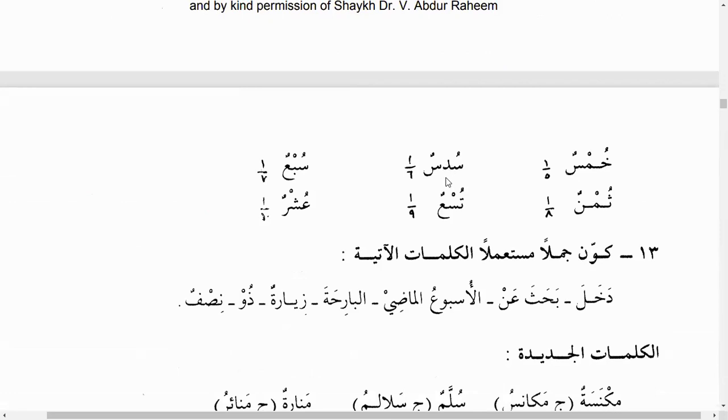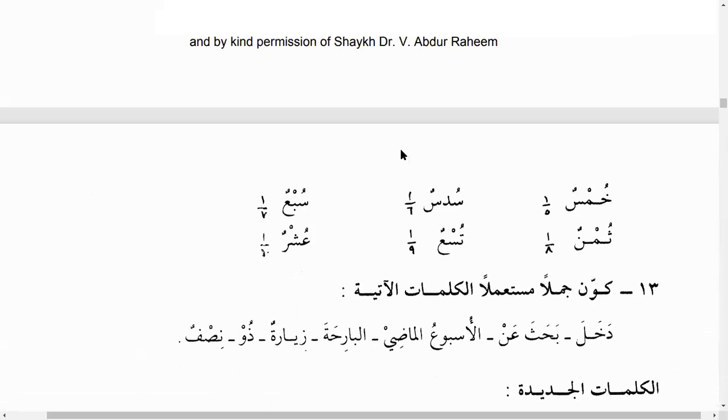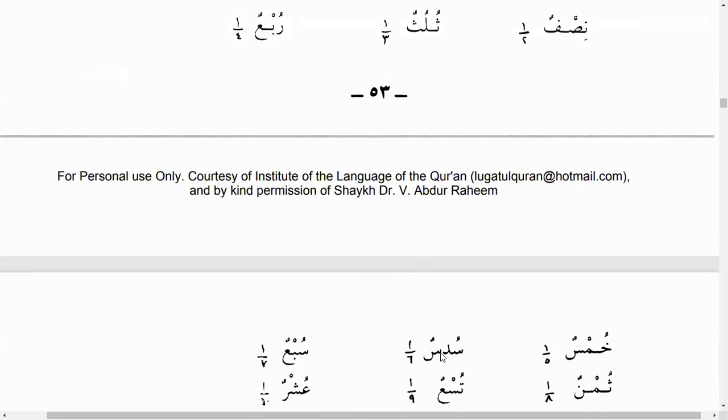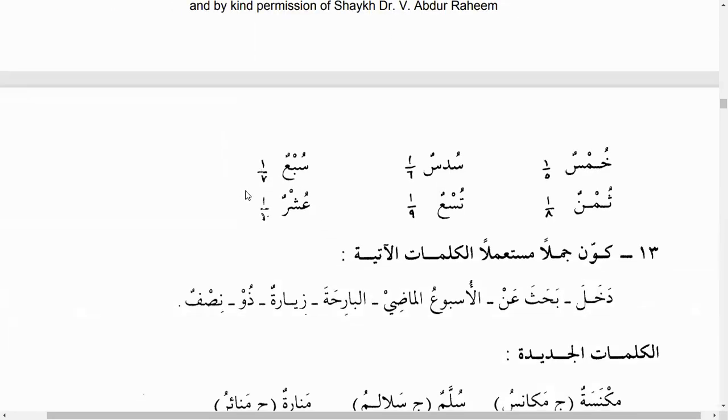That's why the Sheikh did not put anything here, because in the lesson we discussed that thuluthun and sudusun have the second kalima with dhamma, whereas for the rest it is sakin. Sub'un 1/7, thumnun 1/8, tus'un 1/9, and ushrun 1/10 of something.